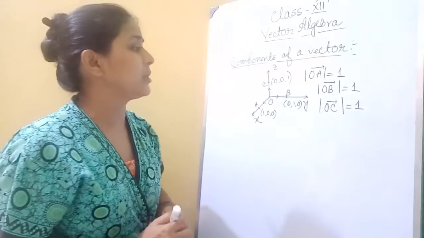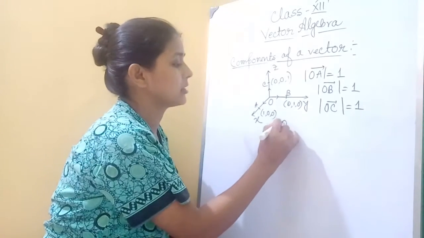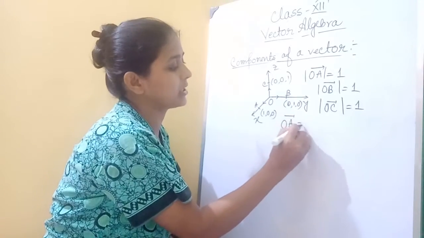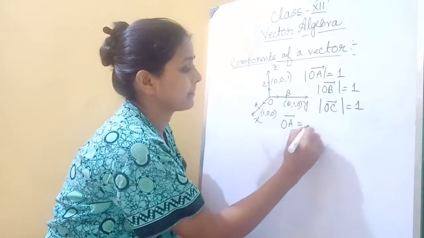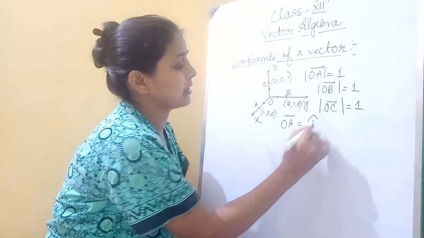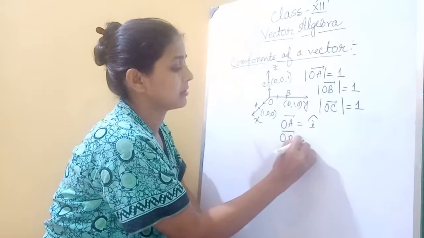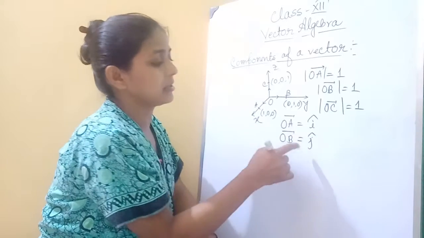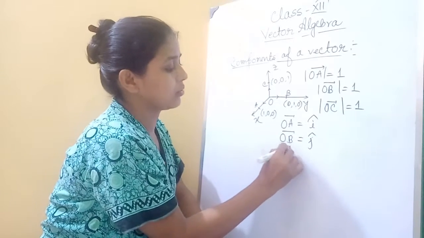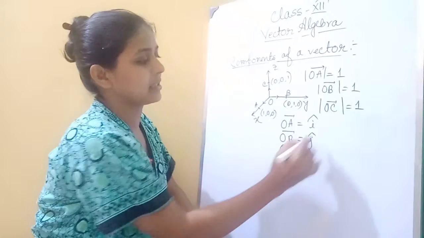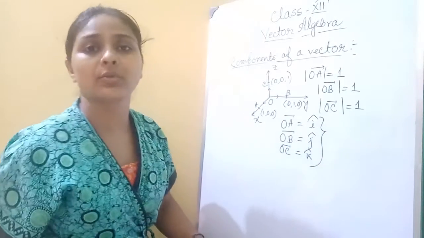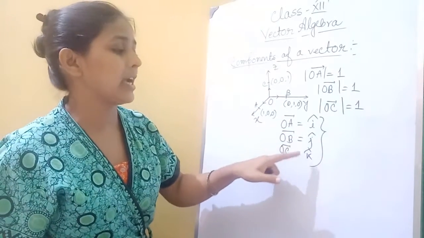These three unit vectors are denoted as i hat, OB as j hat and OC vector as k hat. These are the general notations: i hat, j hat, k hat.